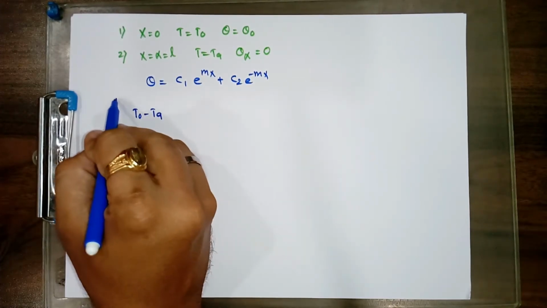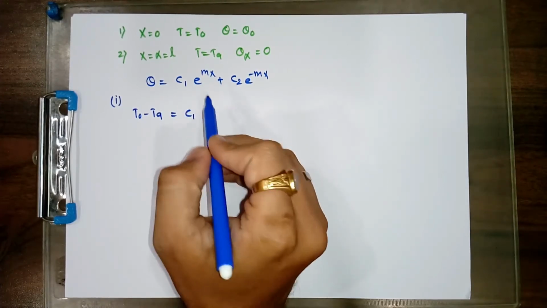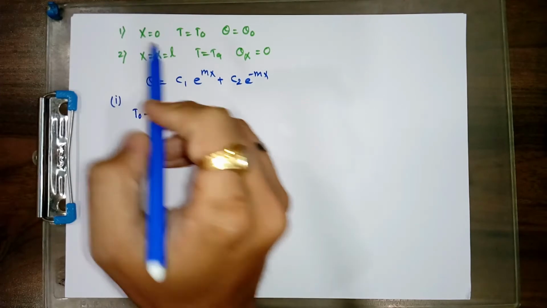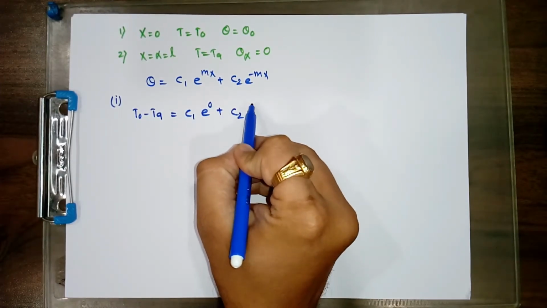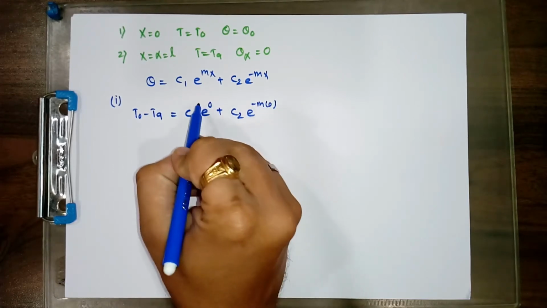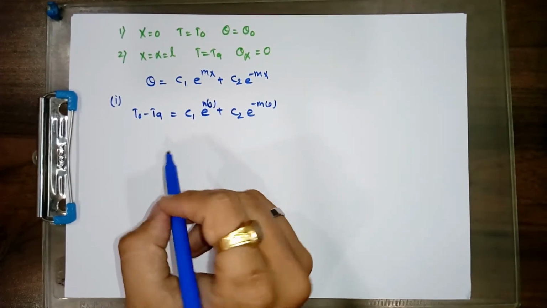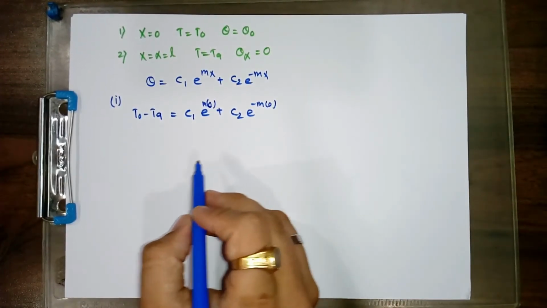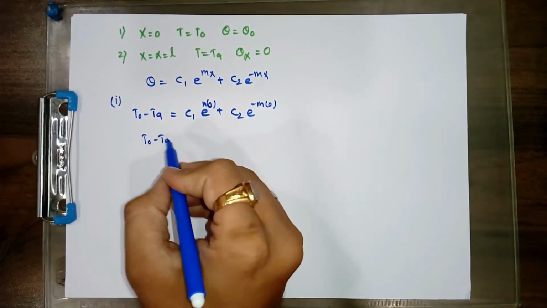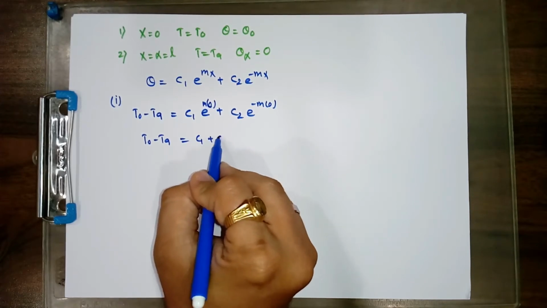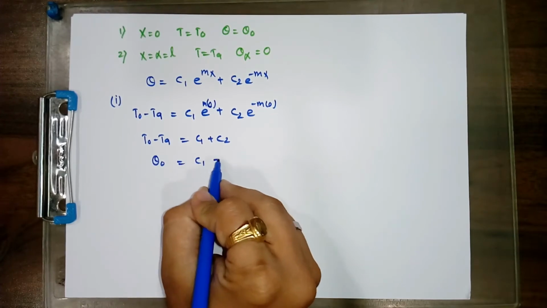Applying the first boundary condition, x is 0, so C1 e to the power 0 plus C2 e to the power minus m into 0. Any constant raised to power 0 becomes 1. So finally, T naught minus Ta equals C1 plus C2, or in other words theta naught equals C1 plus C2.